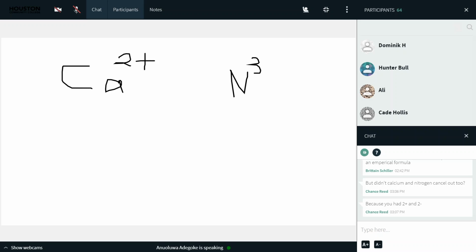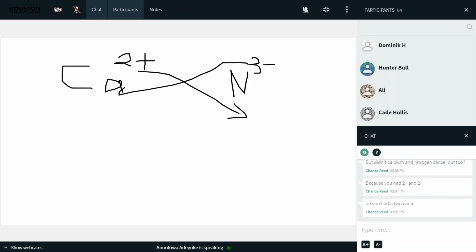So when we do the crisscross thing, and I hope we all understand why we do that crisscross, the 3 goes here and the 2 goes here. So calcium is 2 plus, N is 3 minus. We have Ca3N2. That's just how we write these formulas.